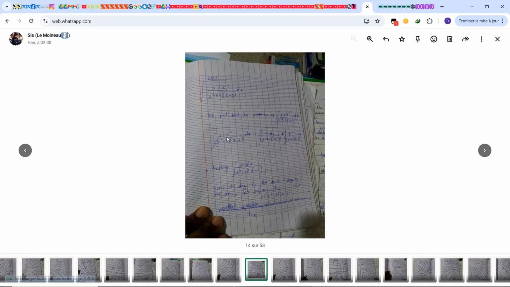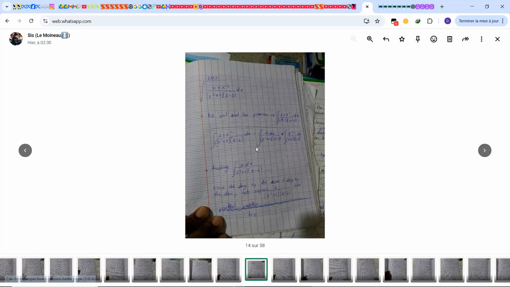The degree of this top is already less. When you look at the degree, the highest power here is 2, and the highest power below will be something like 3. So the degree of the numerator is already less than the degree of the denominator. You express the whole of this in partial fraction once, and then you integrate. Do you understand what I mean?